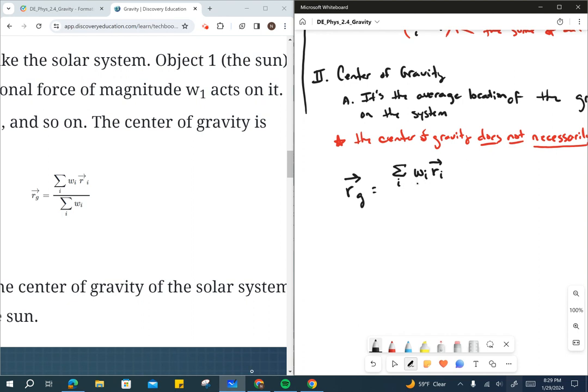So this is a product. These two have to be multiplied times each other. Okay? And then this will be divided by the sum over i of the weights w_i. Okay? So that's how you would figure out the center of gravity.